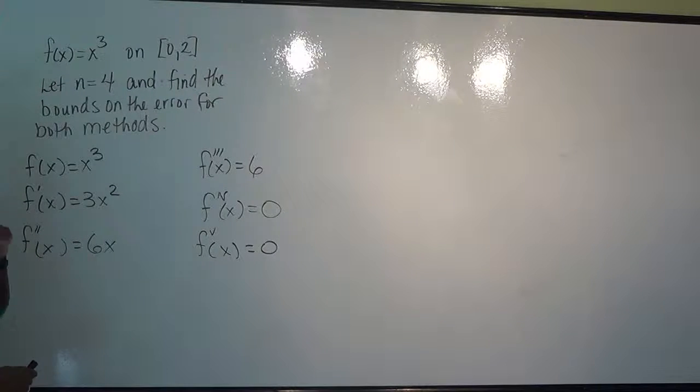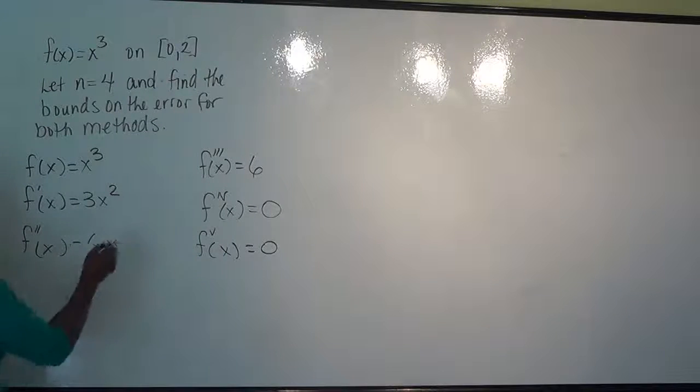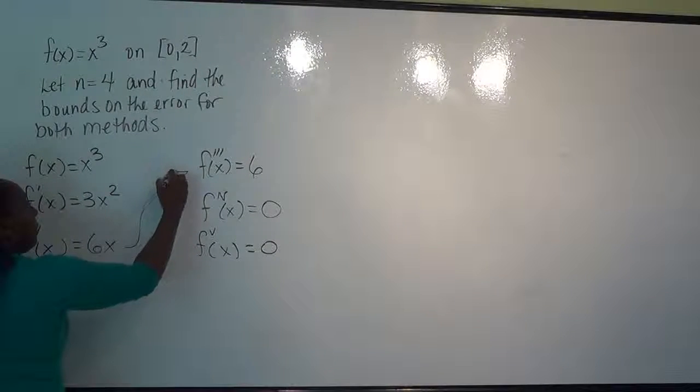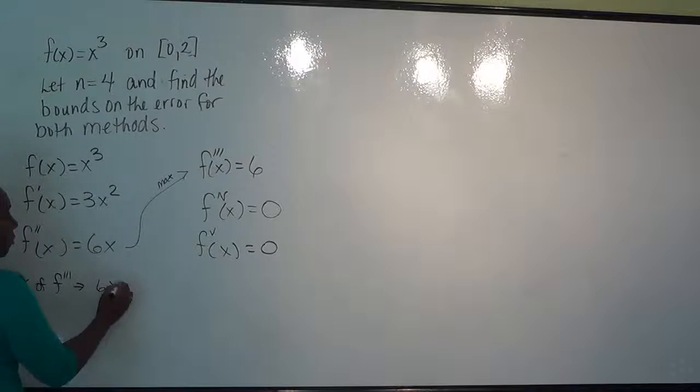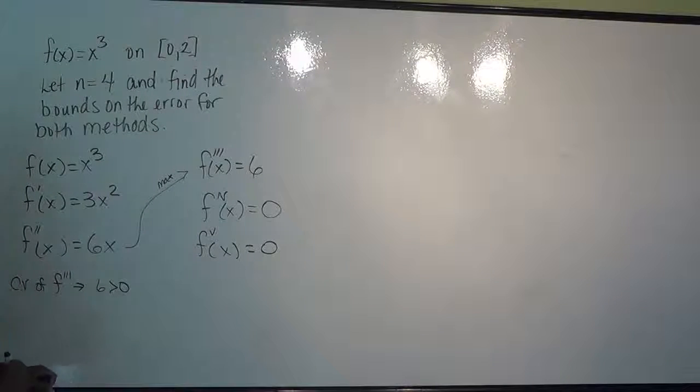Now I need to find the max on the interval. Looking at my second derivative, to find the max of this function, I need to look at the third derivative, and I need the critical values of f triple prime. Well, in this case, 6 is greater than 0, so it's positive. There are no critical values, which means if I look on the interval from 0 to 2, this is increasing.